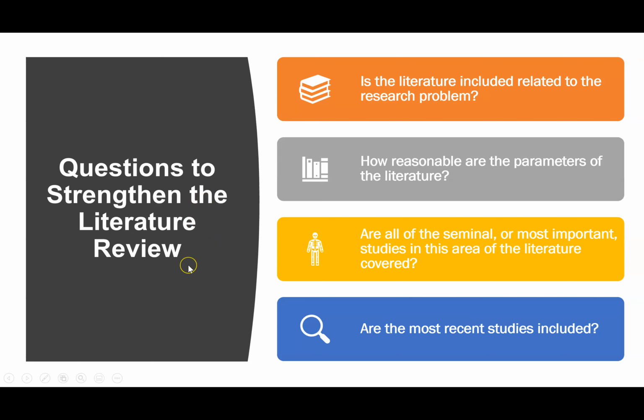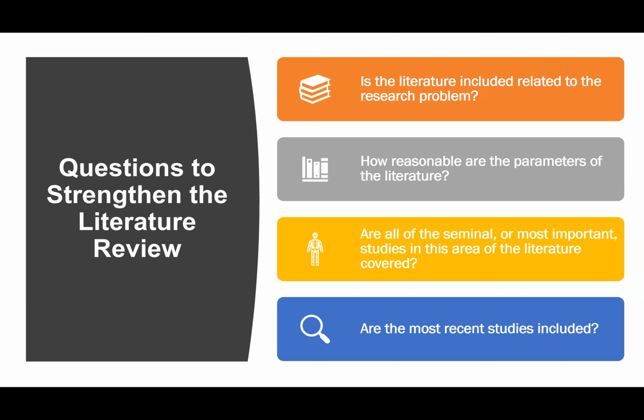And so some things we want to think about as we're doing our lit review is the literature related to the research problem. And that's broad, and that's something people struggle with, is that the literature you look at does not have to be 100% exactly what you're studying.